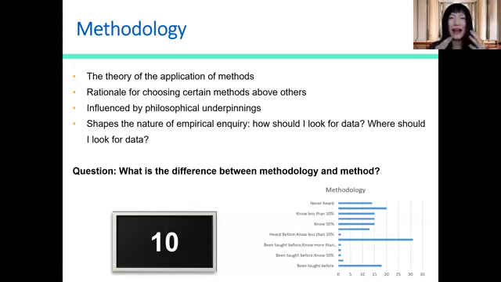Again, think about which side you naturally are more fond of. Here, I'd like you to think about the question that I put on the slide, in the middle, bolded: what is the difference between methodology and method? It could be quite obvious, or you may have never thought about it. So today is the chance to think about this question.